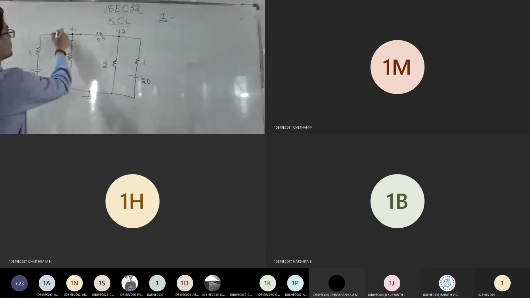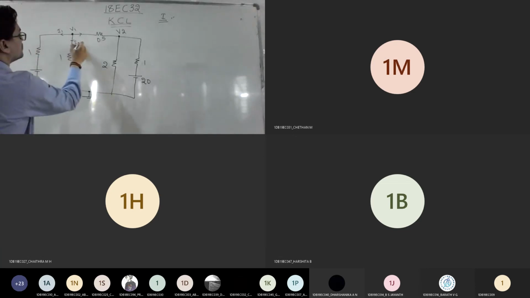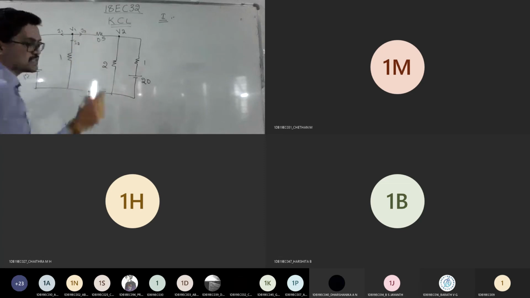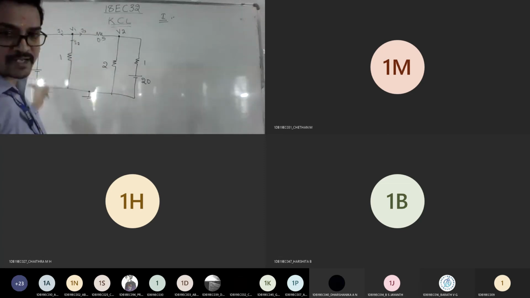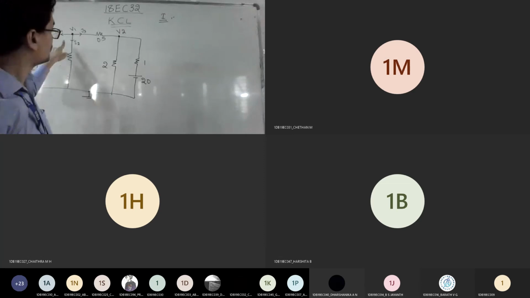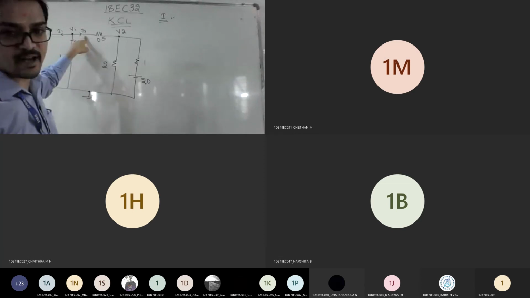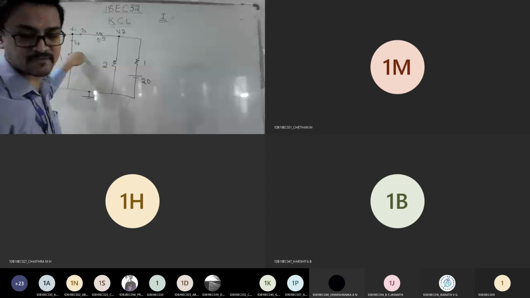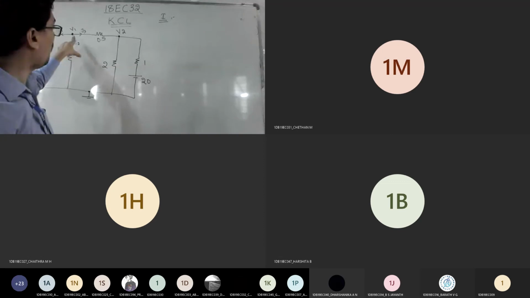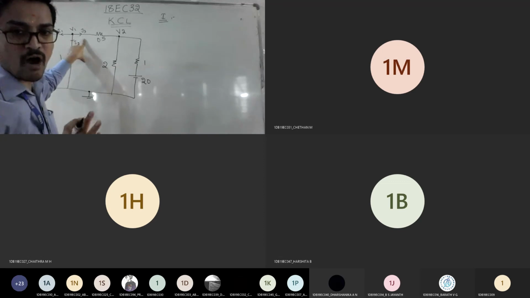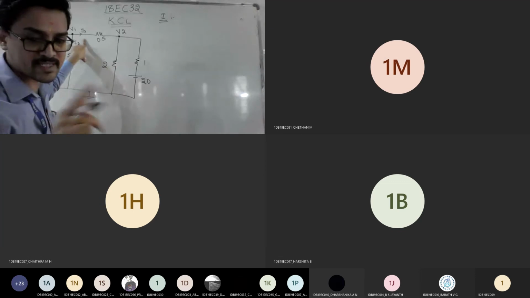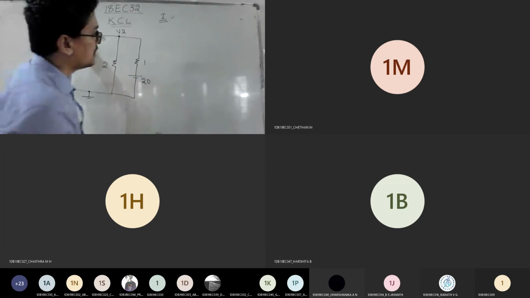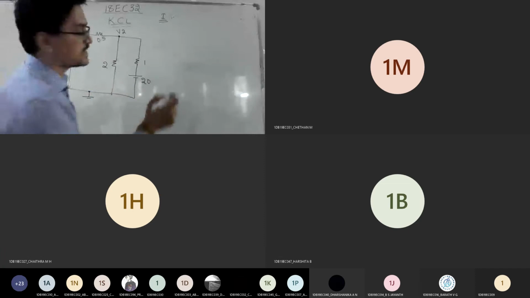So if this is your main I1, I2, I3. Naming is left to you. This I have taken as I1 because the battery is towards this side. You can take this as I2, this as I3, or this as I2, this as I3. It's left to you. So for node 1, all currents are leaving. Always make a note of how I make assumptions in mesh analysis. Leaving current is treated as negative.